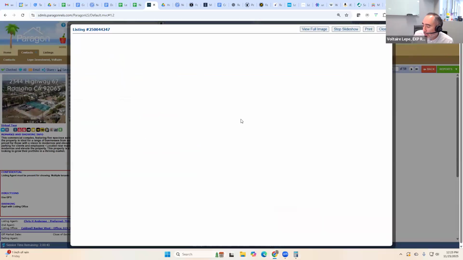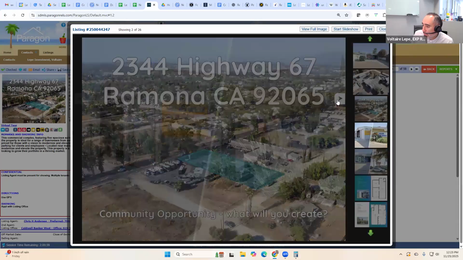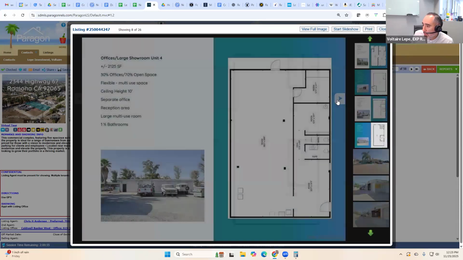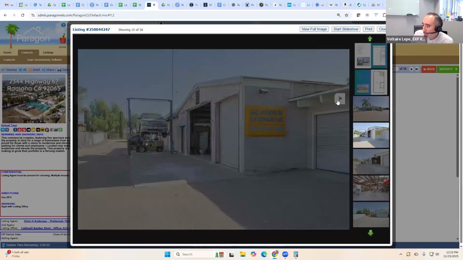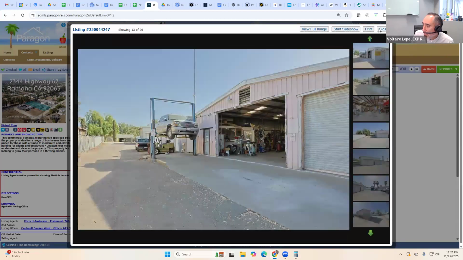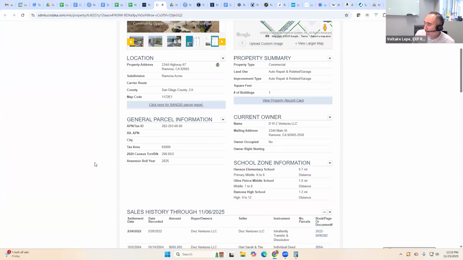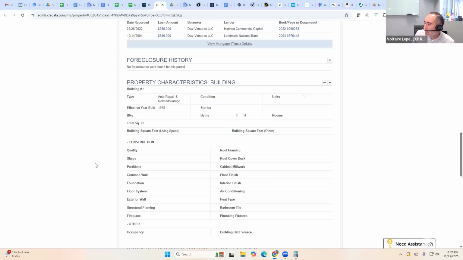By the way, I'm just gonna run this for you guys real quick. Let me see if I can find the total square foot on here. I cannot. Hold on, let me open up the tax record real quick. I want to show you guys why this is exciting.